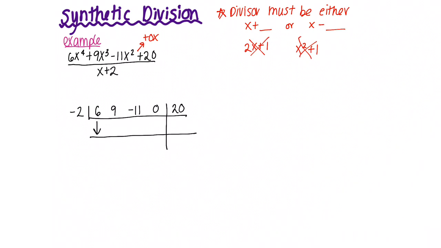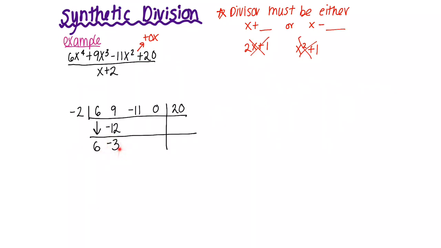The first step is dropping down this first number. From there, it's this number multiplied by negative 2. It goes right here. So drop the 6. 6 times negative 2 is negative 12. So I put negative 12 here. And then it's add down. So 9 minus 12, that's negative 3.